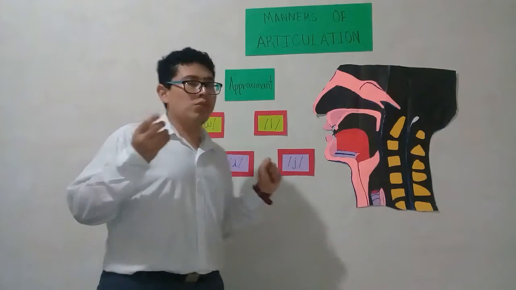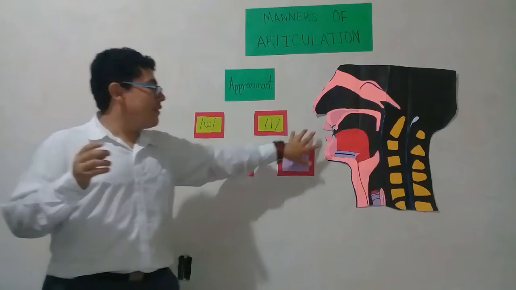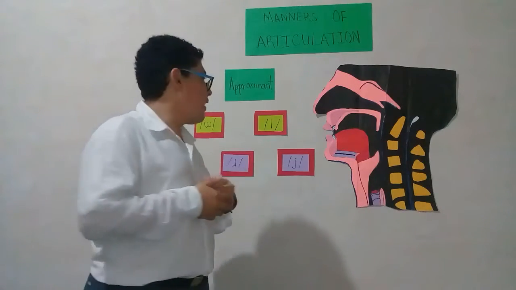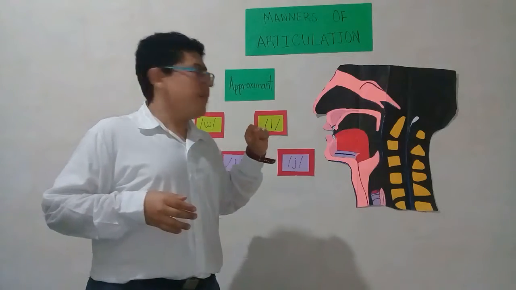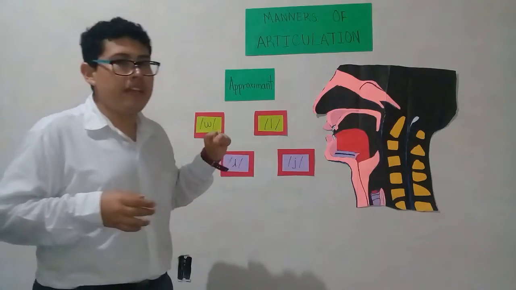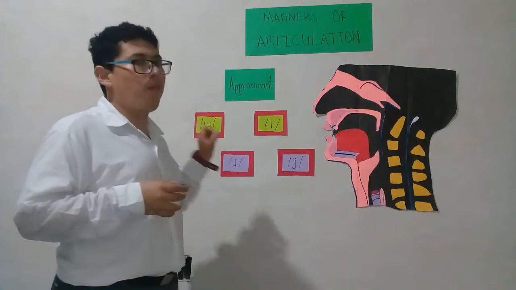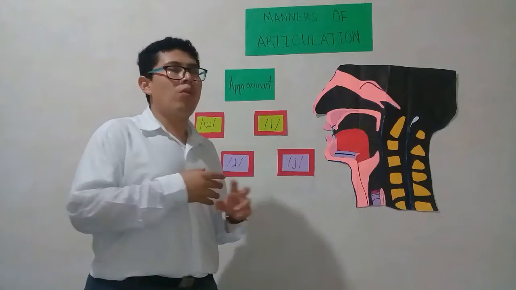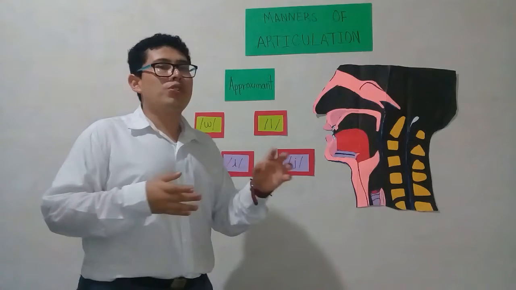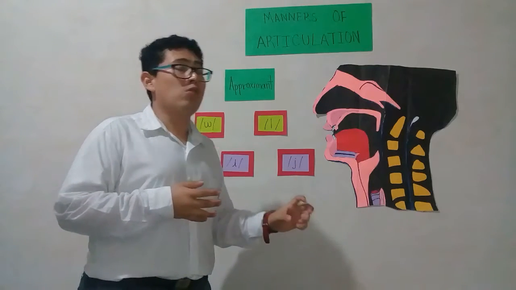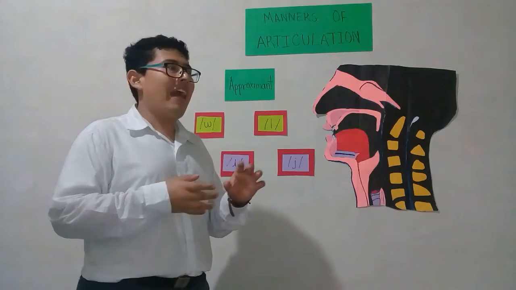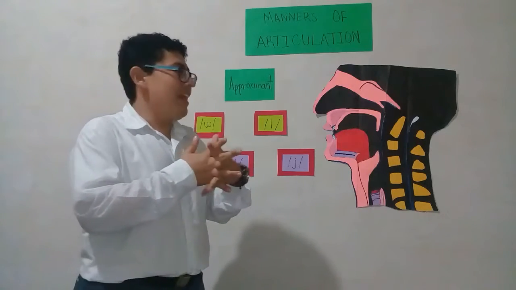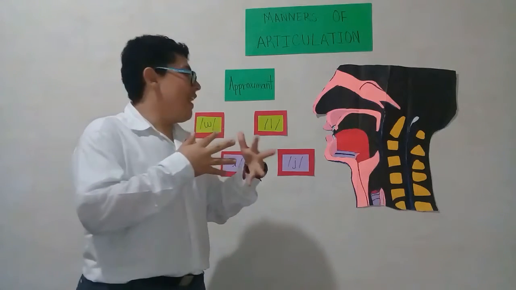Like for example, bilabial sounds can produce approximant sounds. In the sound of w, we have how the organs are involved in that closure. The closure is not a complete closure. It's a kind of approximation that the lips have.